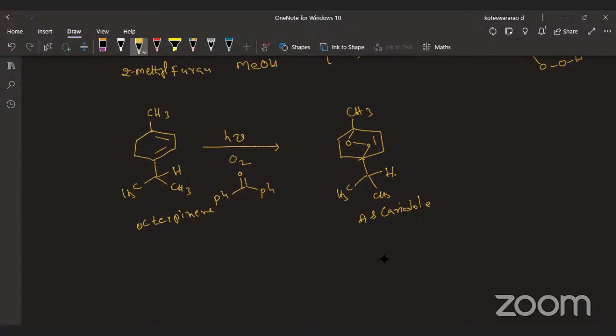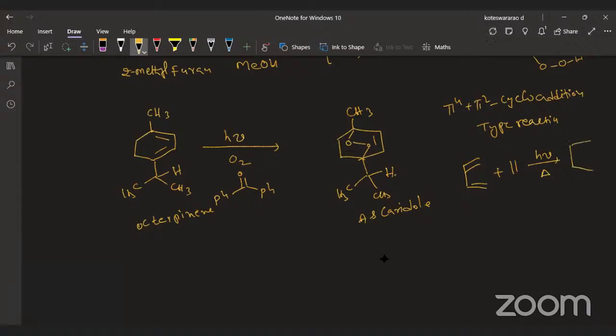Look at here, this is simply a 4+2 cycloaddition type reaction. What's happening? You take the 1,3-butadiene, which is subjected to suppose photochemical condition or thermal condition.